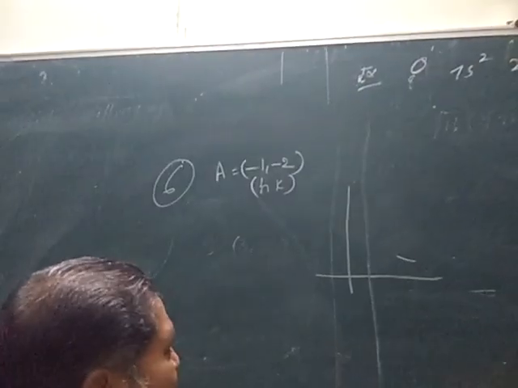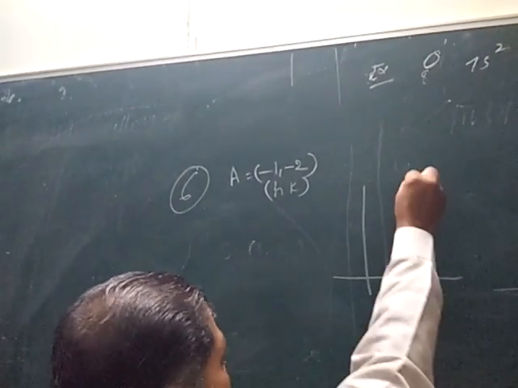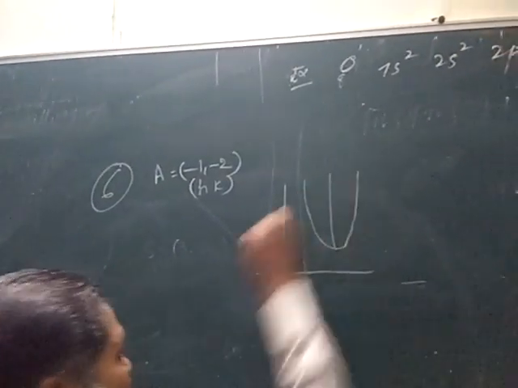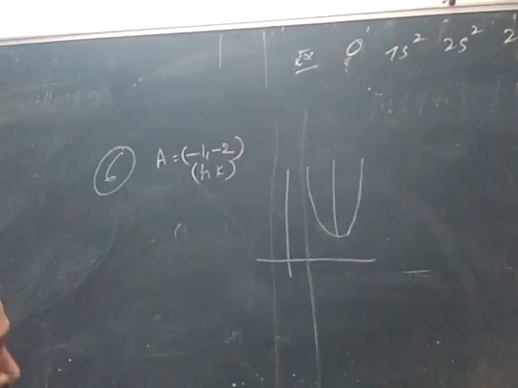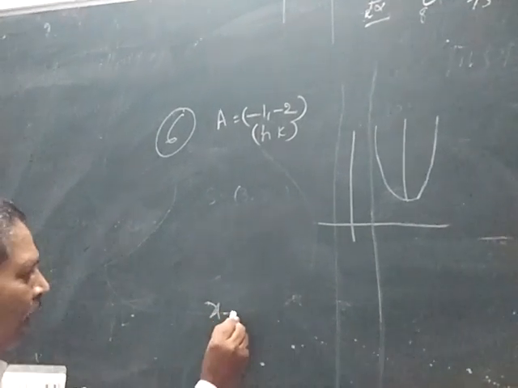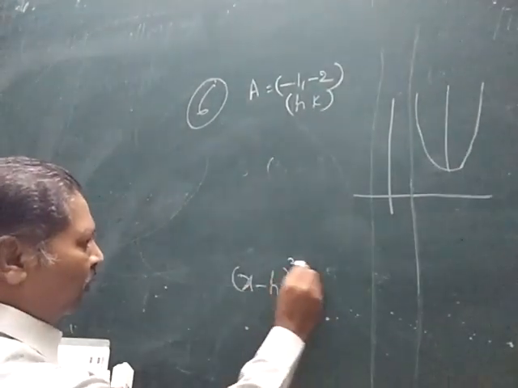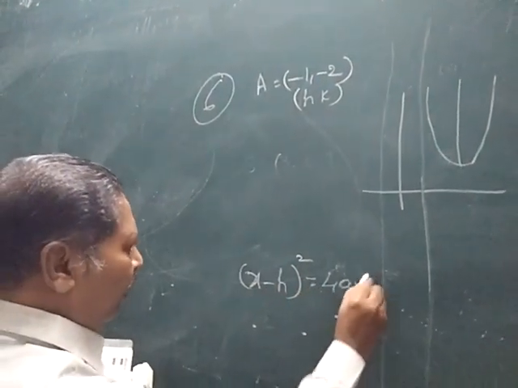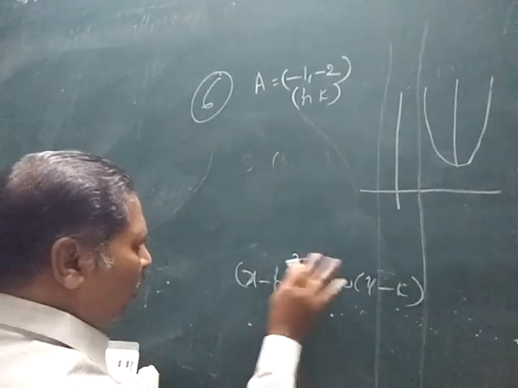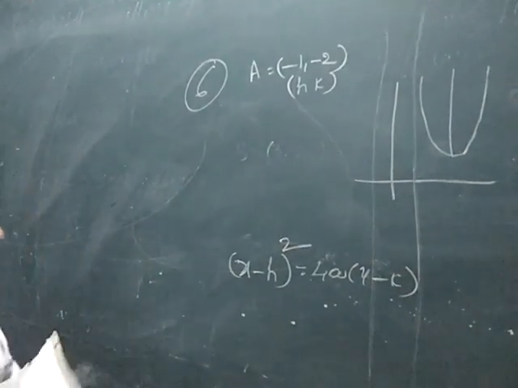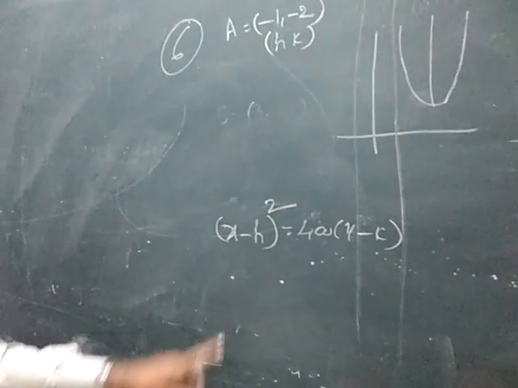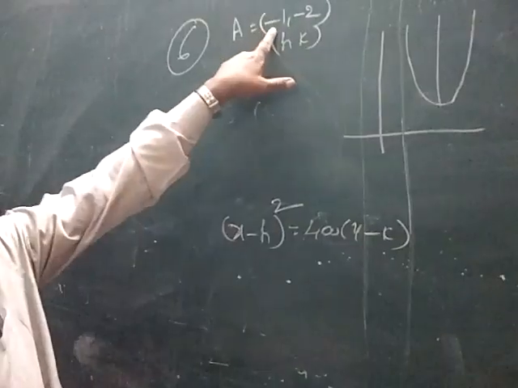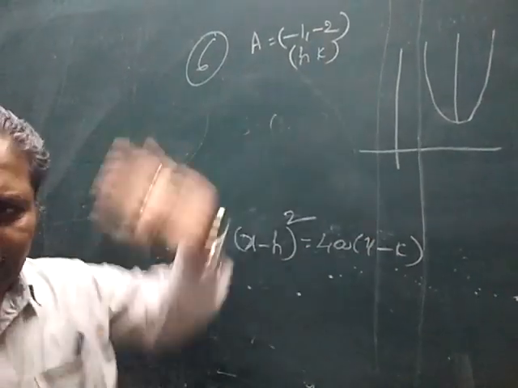Whose axis is vertical. So we want this equation: (x minus h) whole square equals 4a into (y minus k). Already given h value minus 1, k value minus 2.